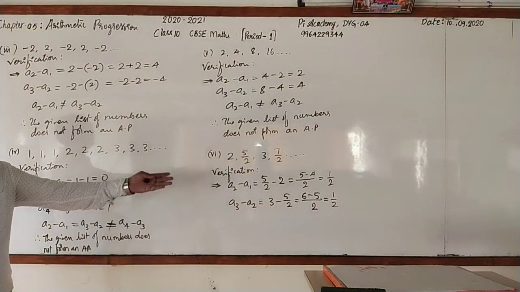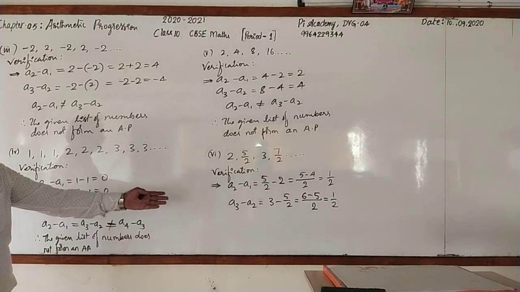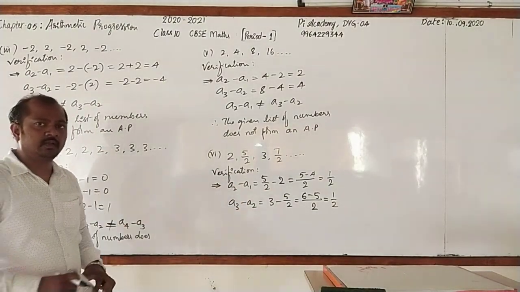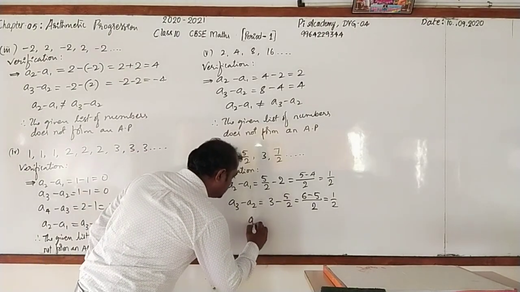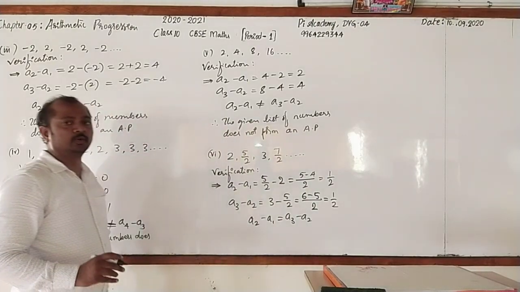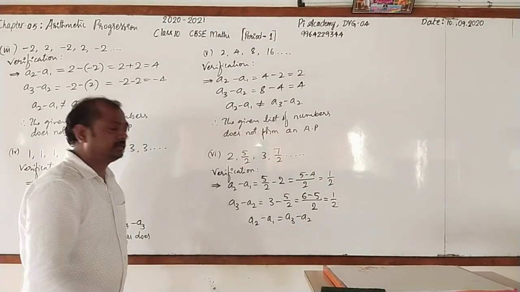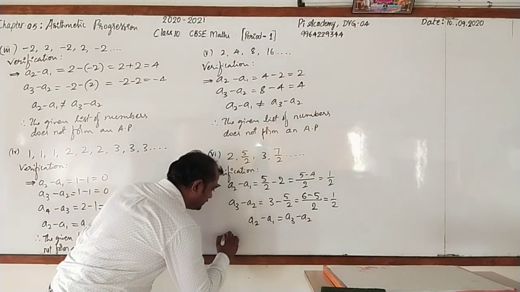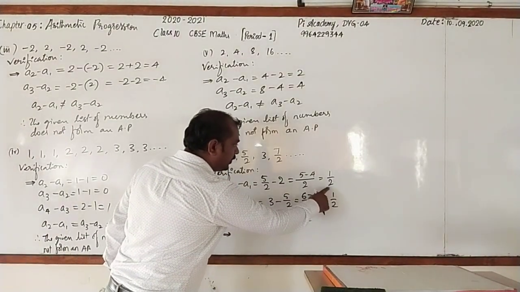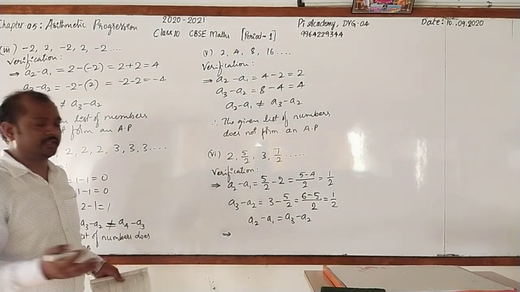Observe, A2 minus A1 is 1 by 2. A3 minus A2 is also 1 by 2. Are they equal? Certainly. A2 minus A1 is equal to A3 minus A2. Therefore, we can write, observe, here 1 by 2 is the common difference.